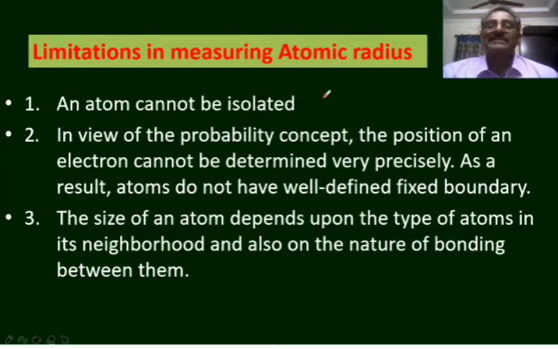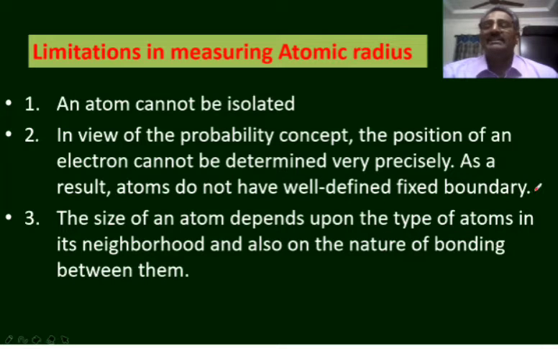Sometimes at some instants it comes close to the nucleus, and in some other instance it moves away from the nucleus. That is, the distance of electron from the nucleus is not constant. Moreover, according to the uncertainty principle, the position of an electron cannot be determined very precisely. That means there is no well-defined fixed boundary for the electron cloud.